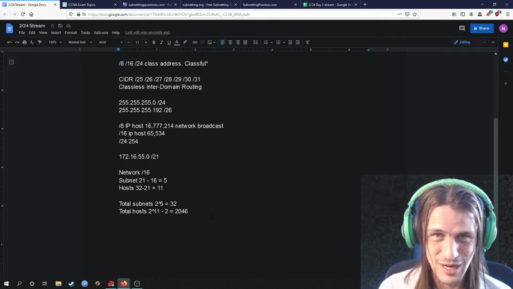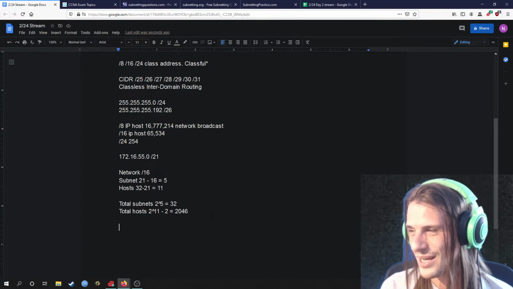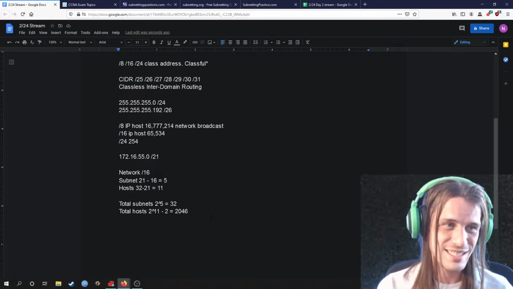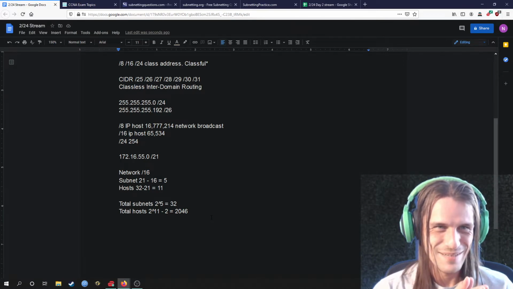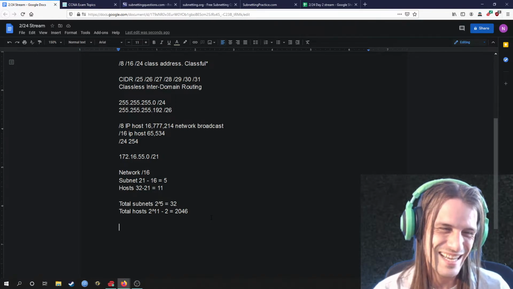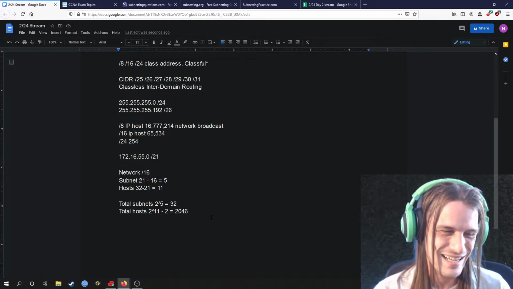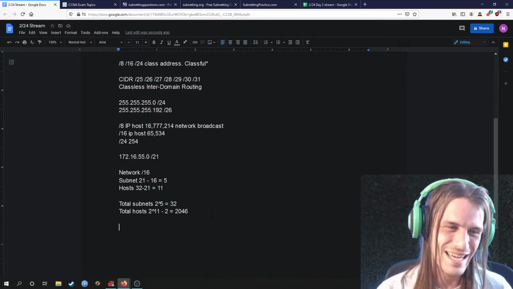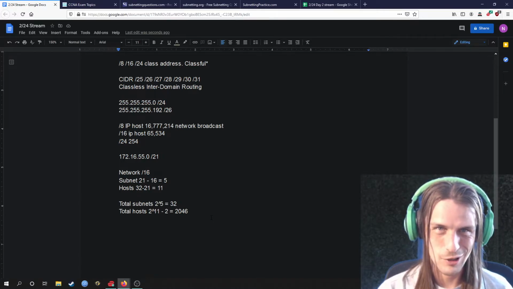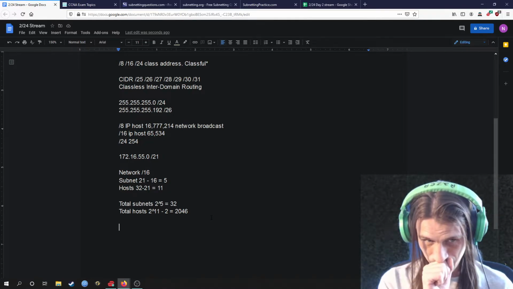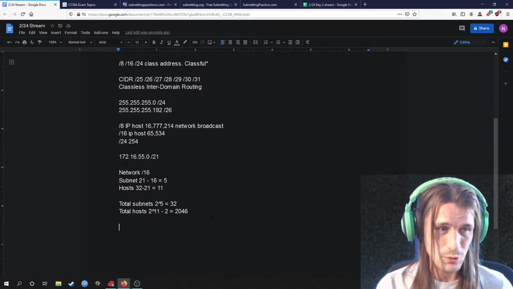So also during the wrap-ups, I'm going to try to throw in 1 or 2 subnetting problems at the end, because they do get a lot harder. This is so significantly easy compared to some of the subnetting questions that you get asked on the certificate process for the CCNA, and also what you could just expect to see in real life when you're troubleshooting a network or building a network out, or adding a new subnet to an existing network.